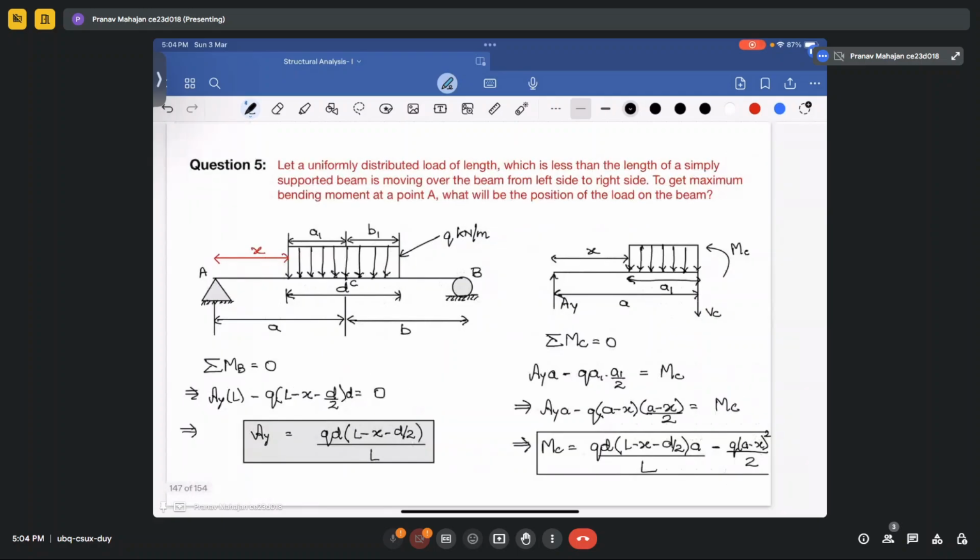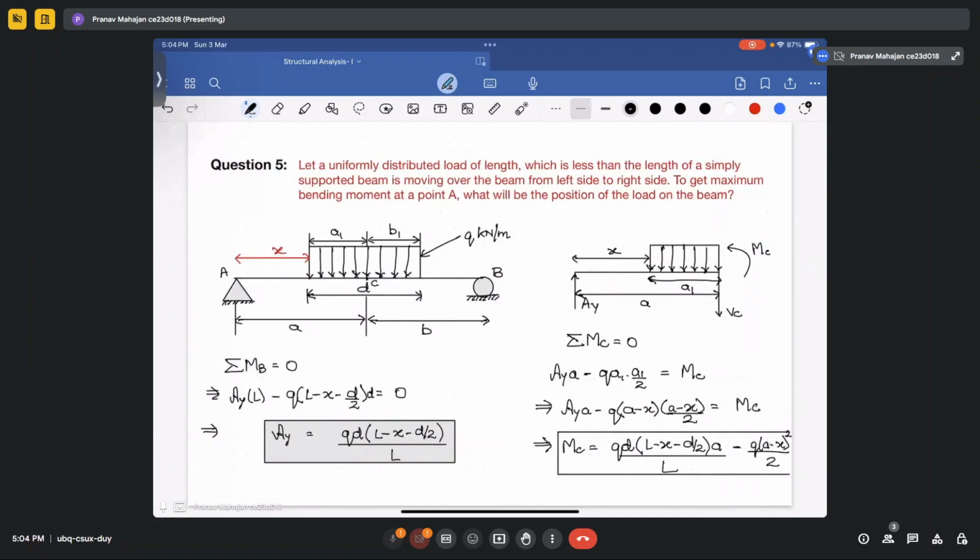Okay, so what is the question asking? To get the maximum value of the bending moment at A, what should be the position of load on the beam?